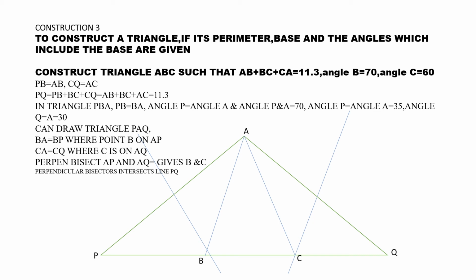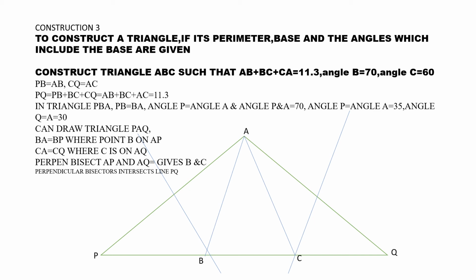After drawing this line, from P you have to take a protractor and take half of 70 degree. Half of 70 degree means 35 degree, right? Make a 35-degree angle and extend it to any point, and mark it with any alphabet.